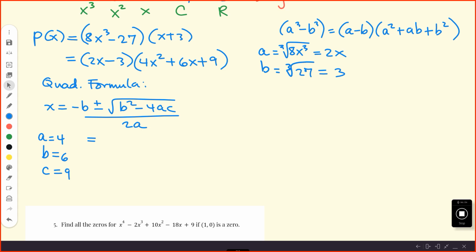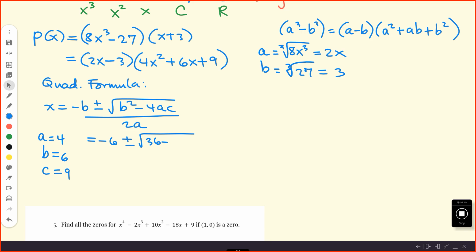So negative b is negative 6, plus or minus the square root of 6 squared, which is 36, minus 4 times a. We know a is 4, so 4 times 4 is 16, so that's negative 16 times 9. Put down the calculator, please.